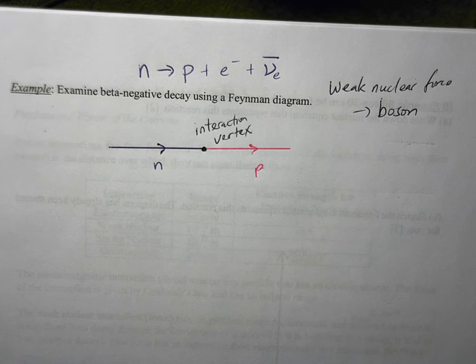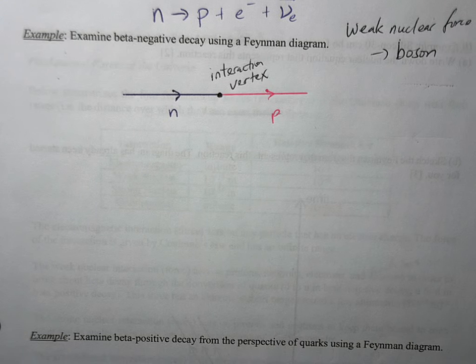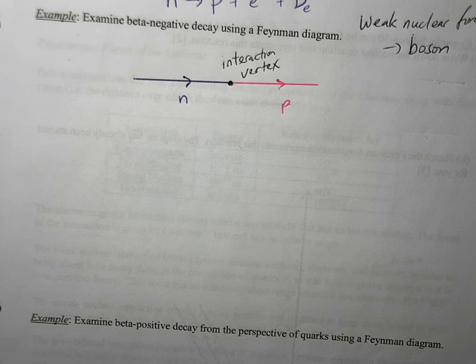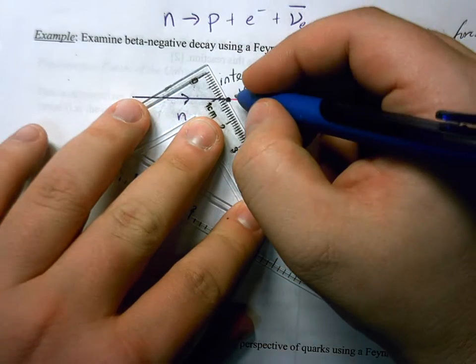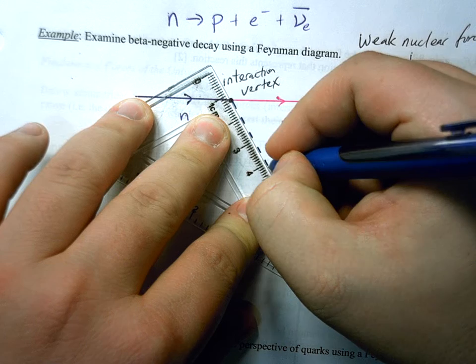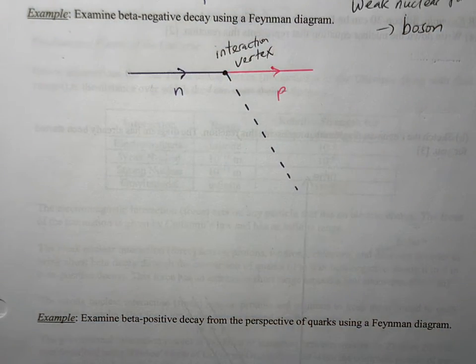The boson is going to be the carrier of that weak nuclear force. So when that neutron converts into a proton, at the same time, we have to deal with that weak nuclear force, and the weak nuclear force is going to be carried by this boson. What type of boson? Like I said, we'll talk about it later. So we're just going to sketch this boson with a dashed line.